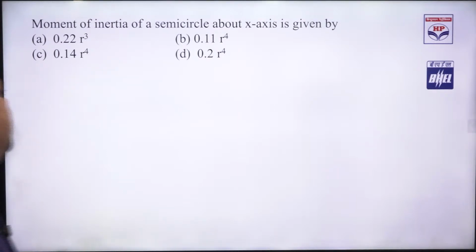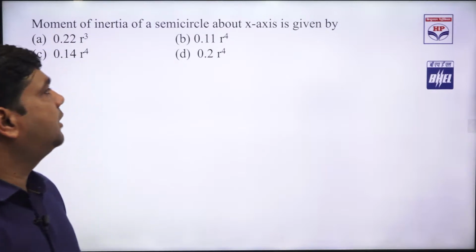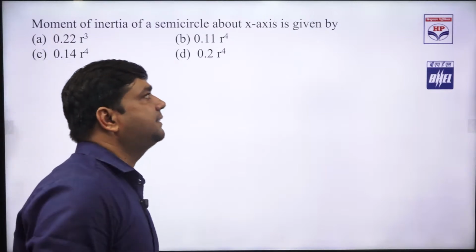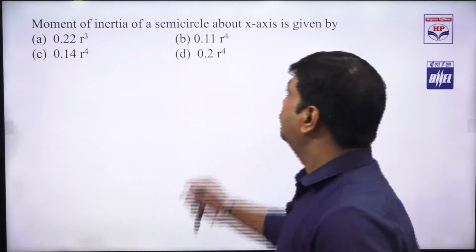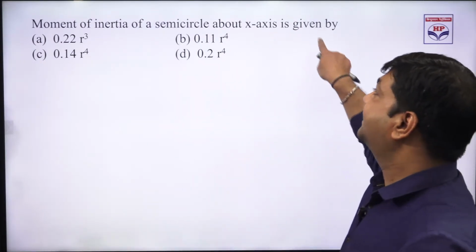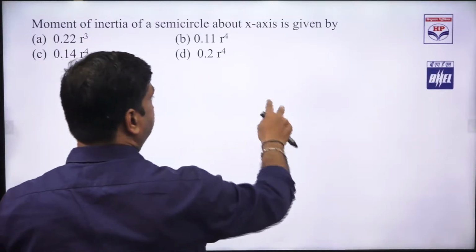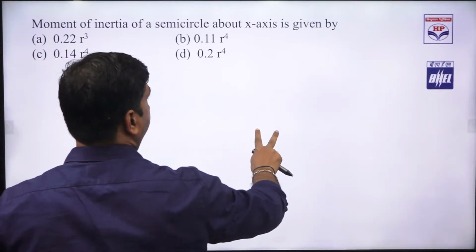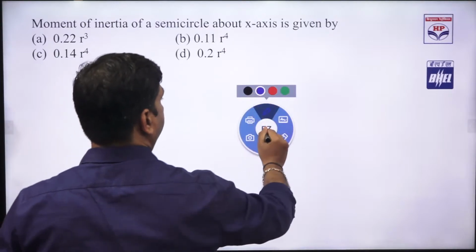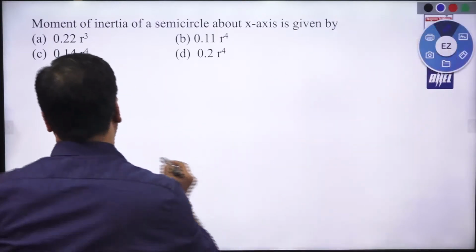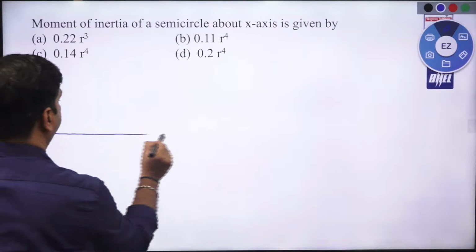So the question is that the moment of inertia of a semicircular lamina about the x-axis is given by. If I draw the semicircular lamina, this is a semicircular lamina.